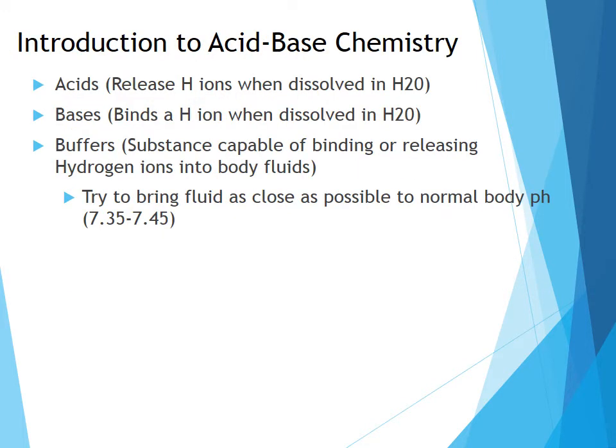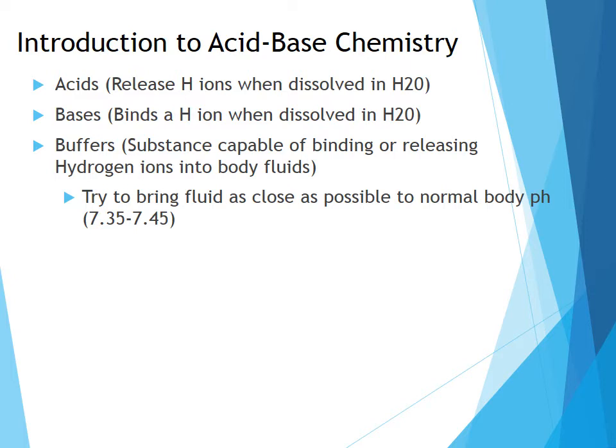So to introduce you to a little bit of the acid-base chemistry, we want to talk about acids. Acids are substances that release hydrogen ions when they're dissolved in water. Bases, on the other hand, are substances that bind to free hydrogen ions in solutions. So they are the hydrogen acceptors, and they lower the amount of free hydrogen ions in the solution because they bind to them.